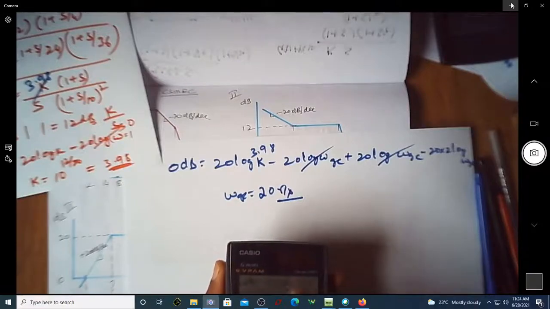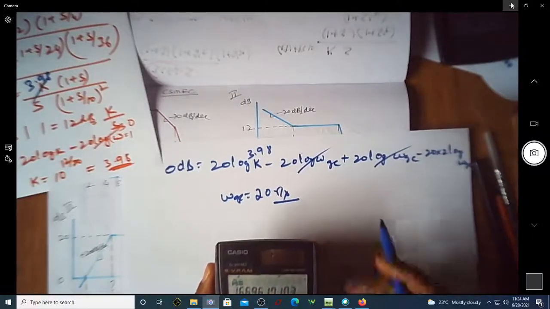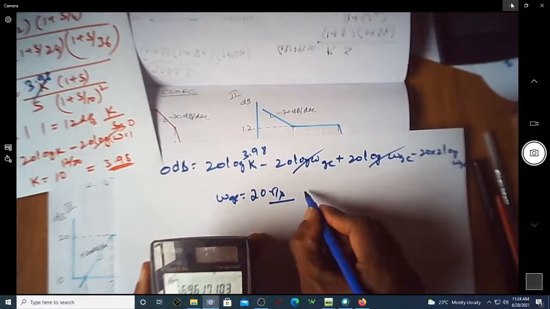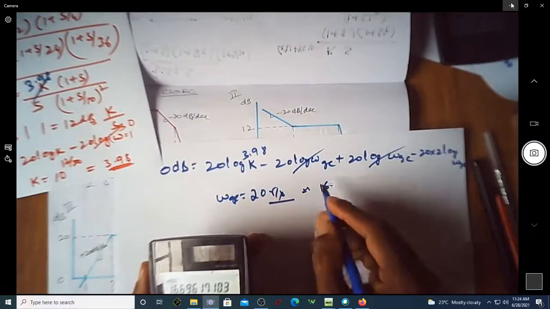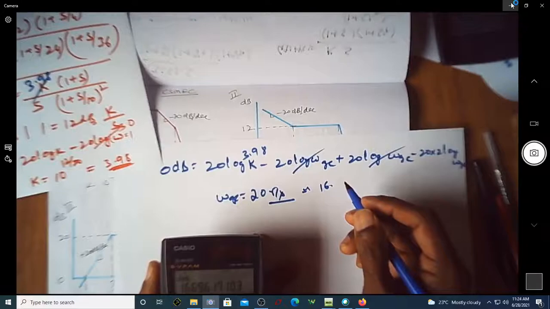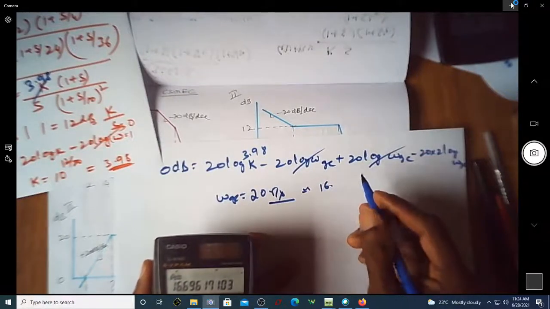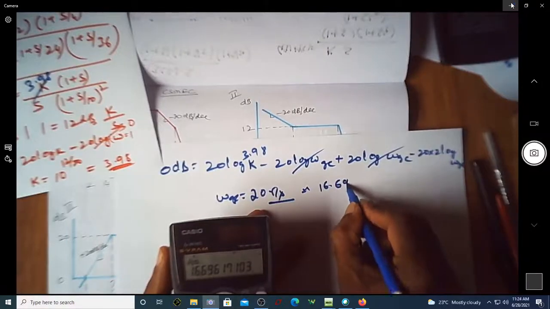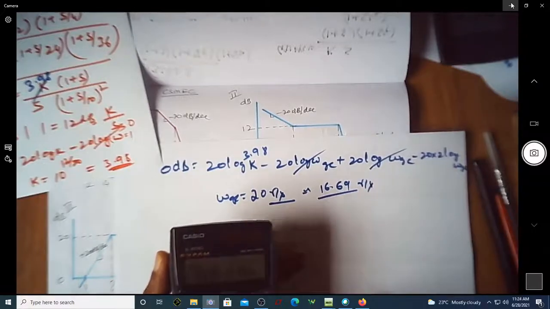Let me just shift cal. So I'm just trying to find what alpha a is. You can see it is 16.96, so it is very close to 20 radian per second, which is 16.69 radian per second.